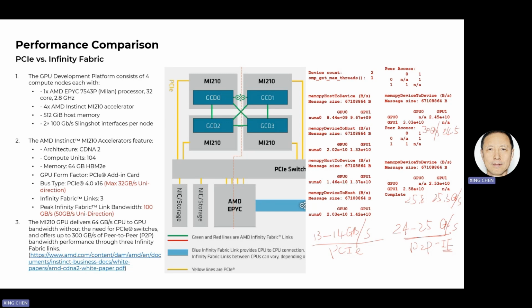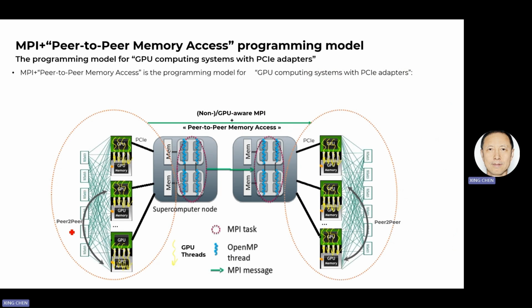So that means if you have an application which is using peer-to-peer memory access, because there's a kind of programming model for the GPU computing systems with GPUs in the form factor of PCIe adapters. For these kinds of systems, there is a good chance that the programmer has to use peer-to-peer to have the GPUs communicate with each other.